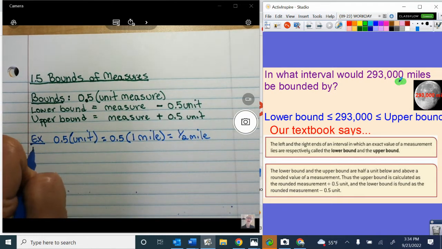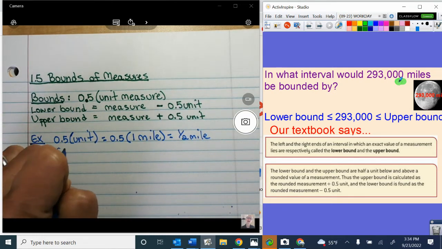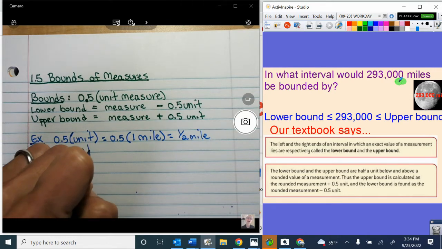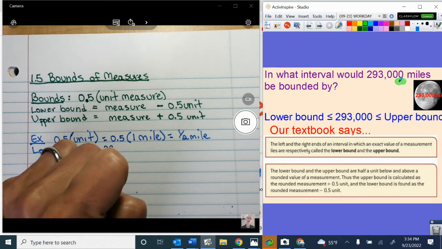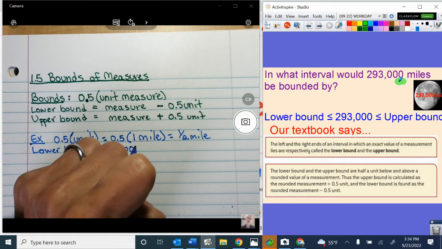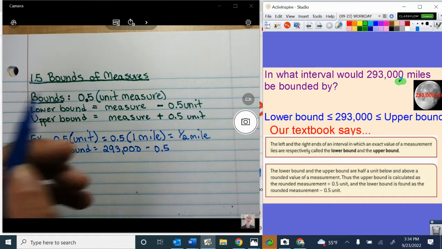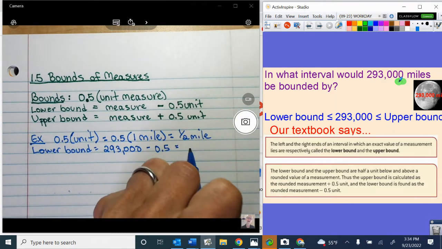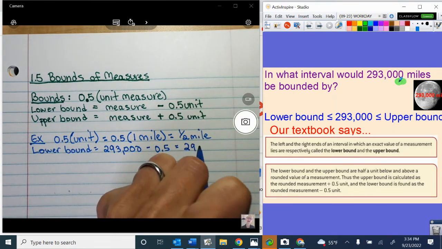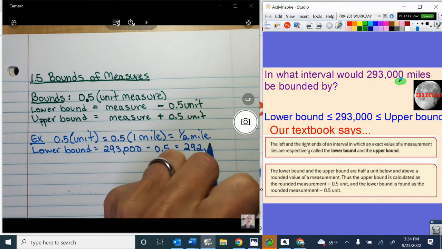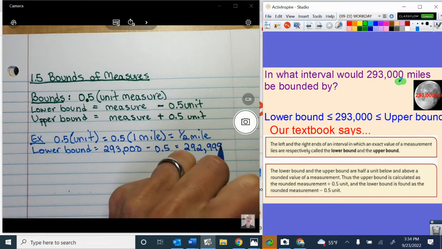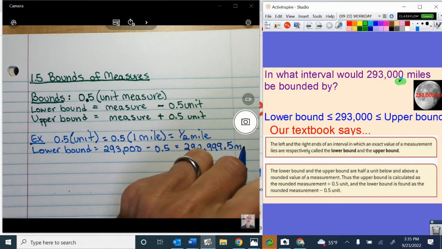And then the lower bound is equal to 293,000 subtract 0.5. So that's equal to 292,999.5 miles.